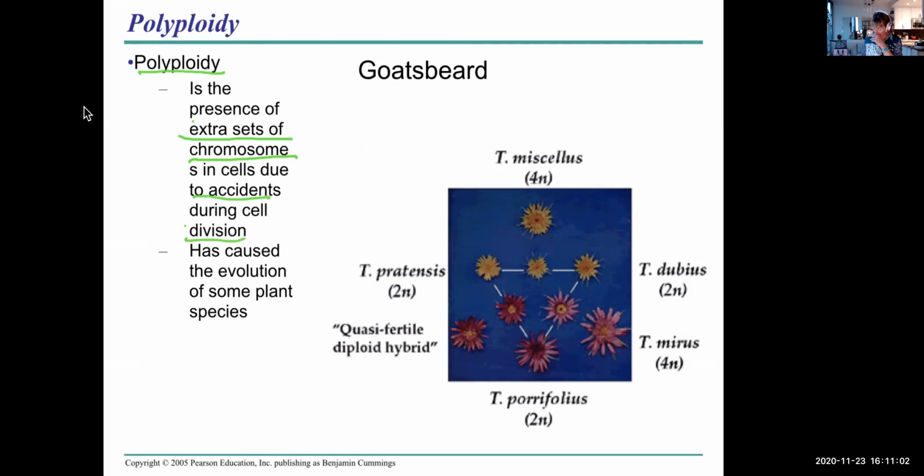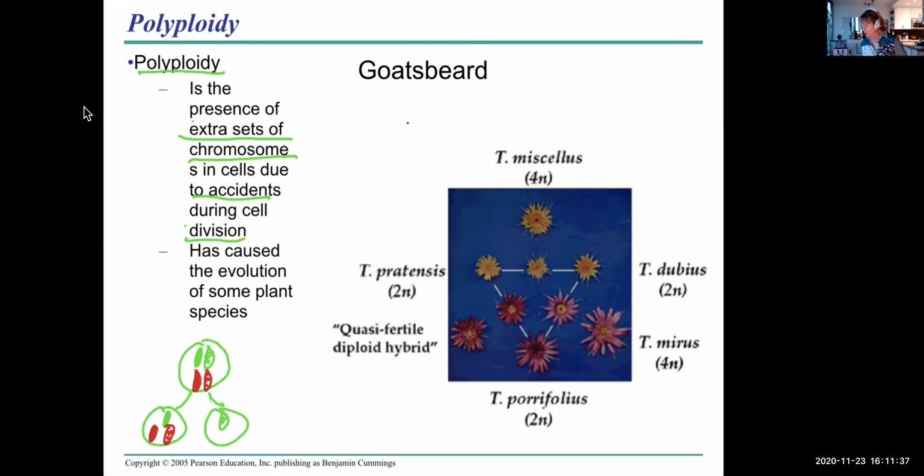So what happens is, here is a cell with, I'm just going to put 2 homologous chromosomes here. And when it divided, well, sure, these 2 during meiosis ended up in different cells, but these ones did not. So sometimes this is called non-disjunction. You get more than the normal set of chromosomes.